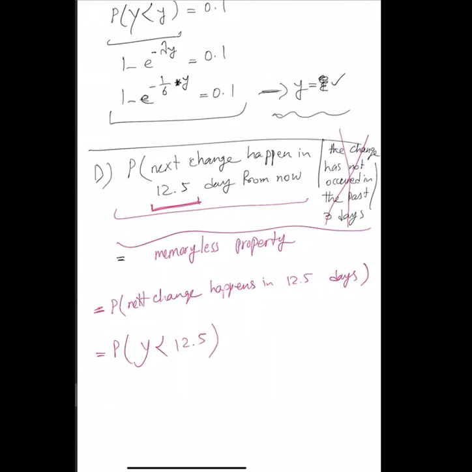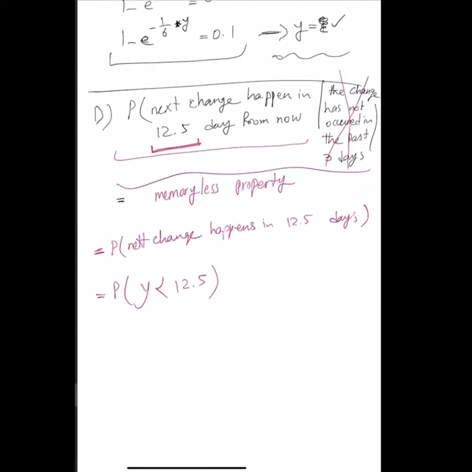So it should happen somewhere in the next 12 and a half days. So we want to find the probability that y is less than 12 and a half, and that's 1 minus e to the power of minus lambda y, where lambda is 6, and y is 12 and a half.